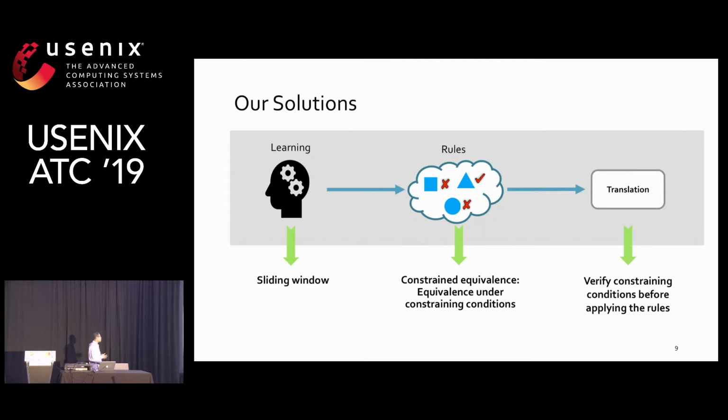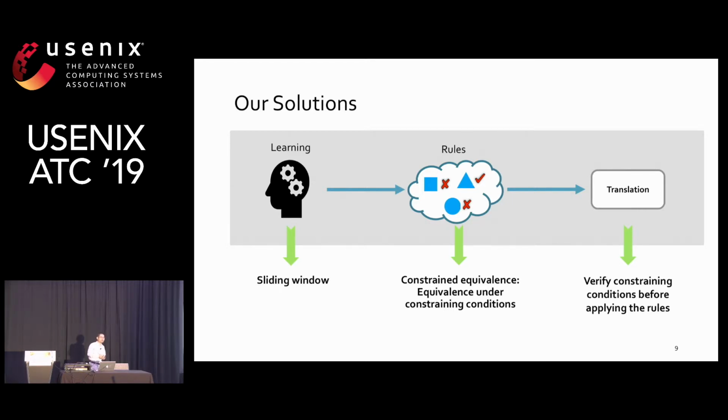To take advantage of these opportunities, we propose the following solutions in this work. First, during the learning process, we use a sliding window to determine the learning scope. This allows us to slide through the source code and examine multiple lines of source code to identify translation rules.